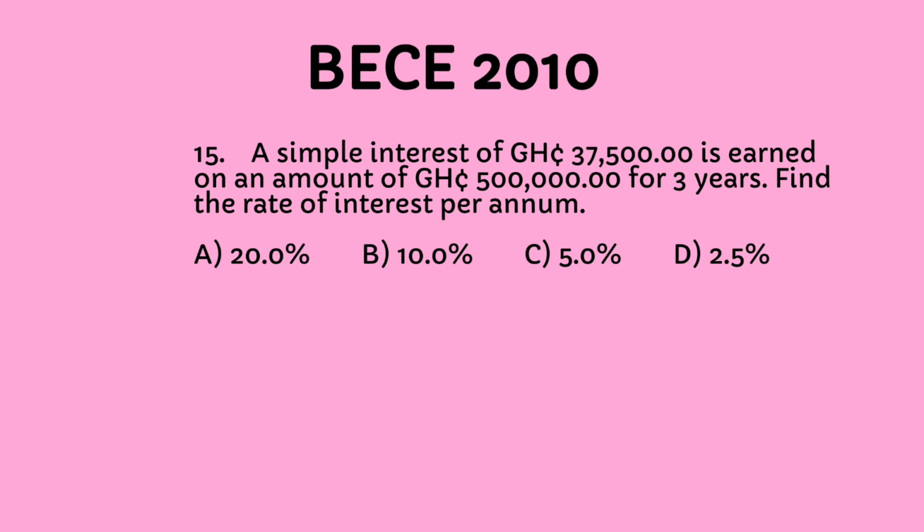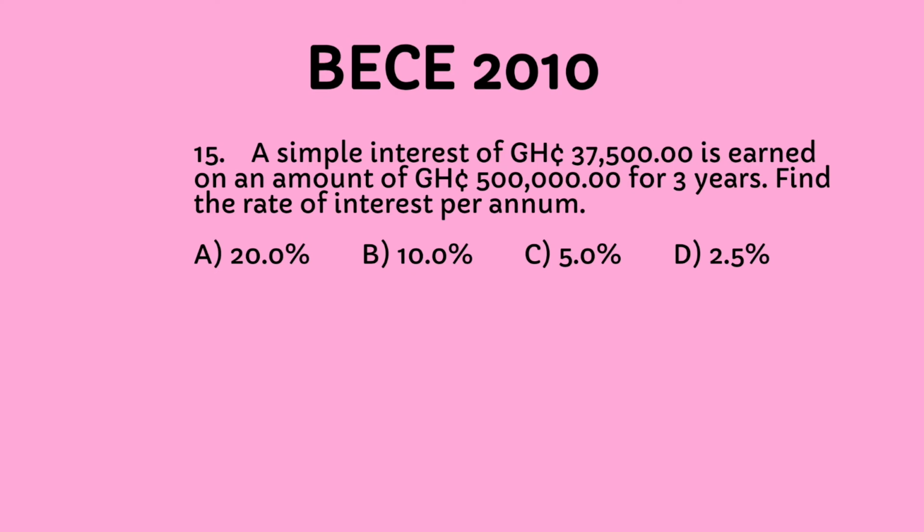For question 15, a simple interest of 37,500 cedis is earned on an amount of 500,000 cedis for 3 years. We have to find the rate of interest per annum. We're going straight to simple interest. That's the topic for this question. So what's the formula for simple interest? The formula for simple interest is principal times rate times time.